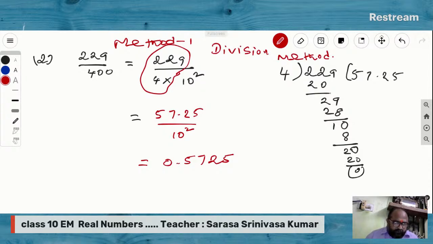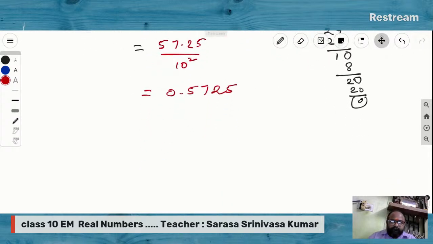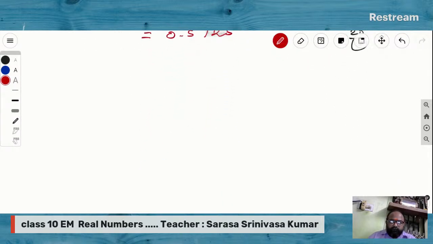Now students can answer this question without actual division. What you can understand from this is that a problem can be solved by different methods in mathematics.